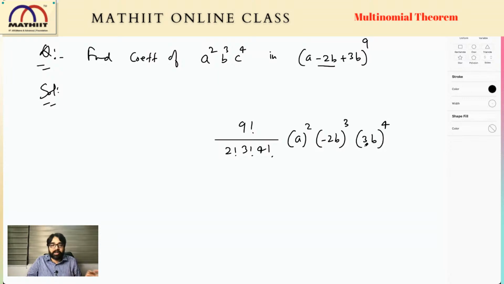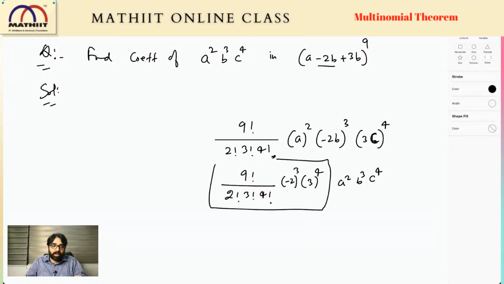Now arrange it: 9 factorial by 2 factorial, 3 factorial, 4 factorial, a square, b cube, minus 2 power 3, c power 4, and 3 power 4. This total is called the coefficient of this particular term. Everybody understood?